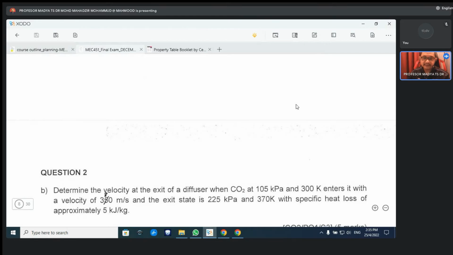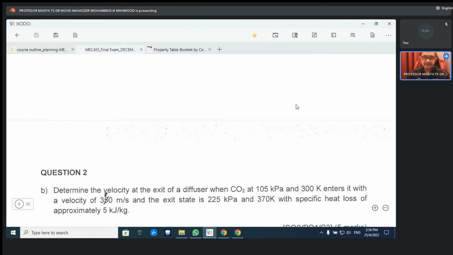When it has an inlet and exit, it is categorized as an open system, where mass can go across the boundary. So this question is about the open system. Now it wants you to determine the velocity.